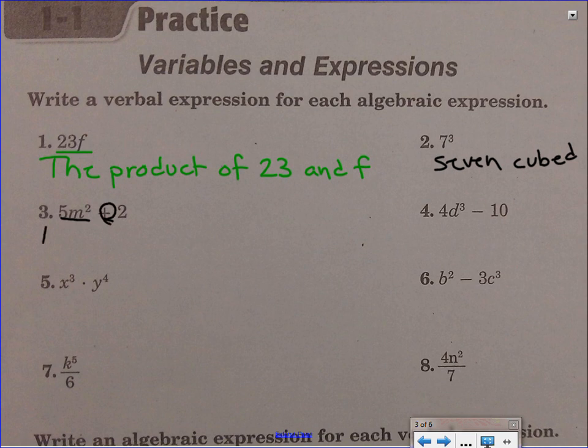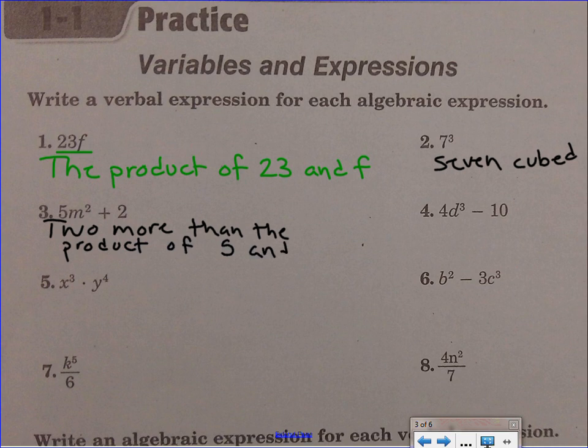Actually, I'm going to say 2 more. That seems to flow better in my mind. So I'm going to say 2 more than the product of 5 and m squared.